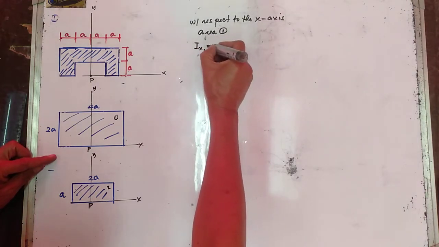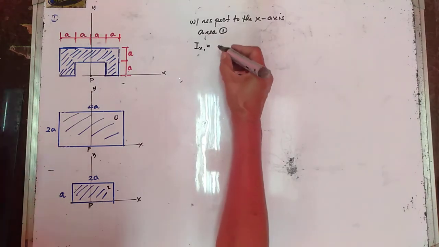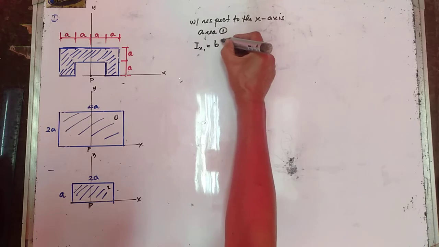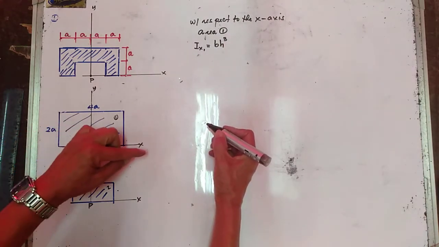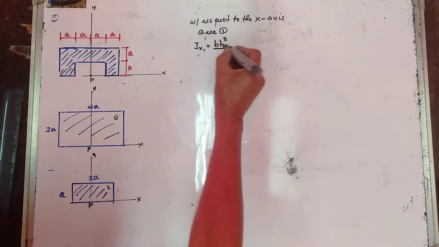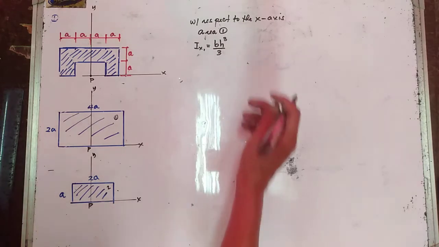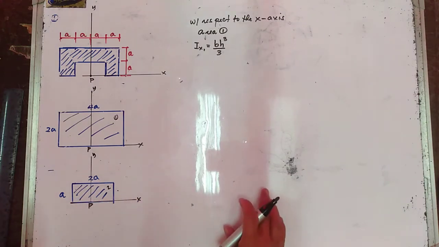Ix1 is now equal to, this is a rectangular area, so that is BH cubed. Now the x-axis is at the base of this rectangular area, so that is BH cubed all over 3. You can go over the table that was uploaded, the table of moment of inertia of common geometric shapes.